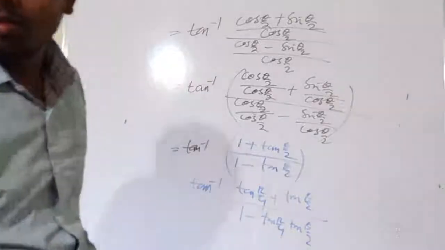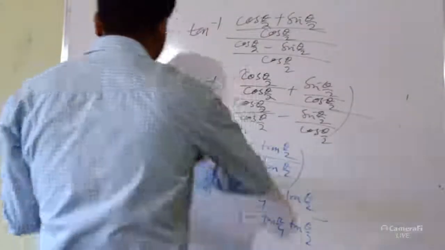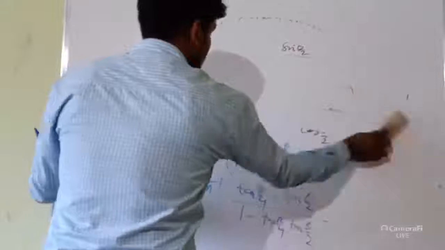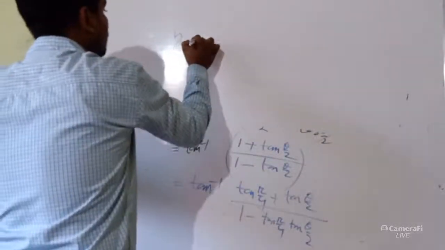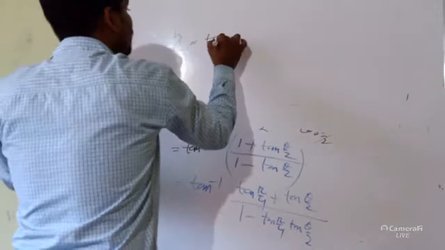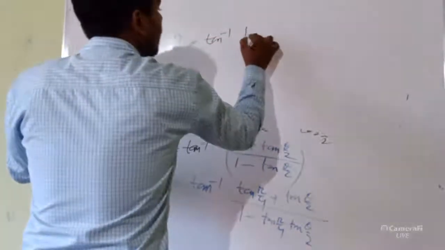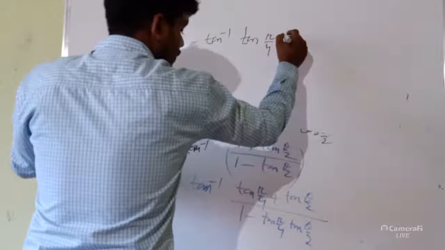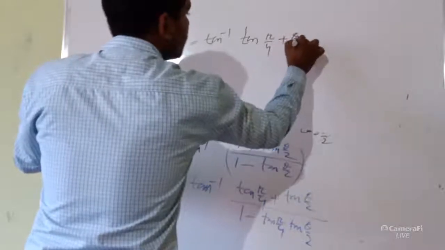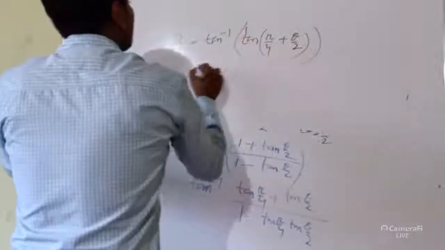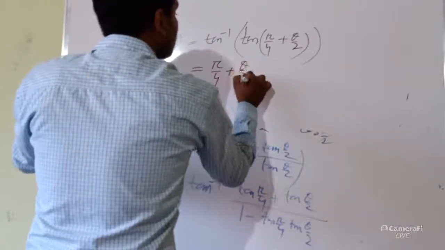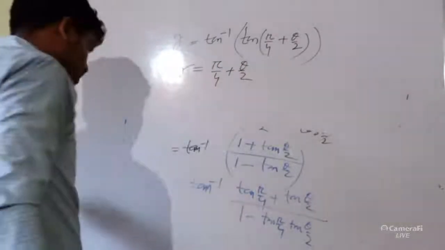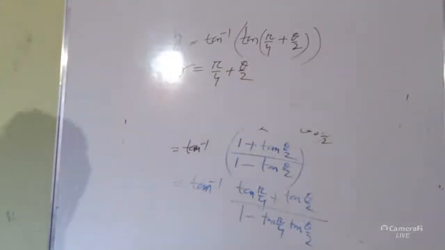Now y becomes tan inverse of tan of pi by 4 plus theta by 2. Okay. Now here only pi by 4 plus theta by 2, so y becomes pi by 4 plus theta by 2.